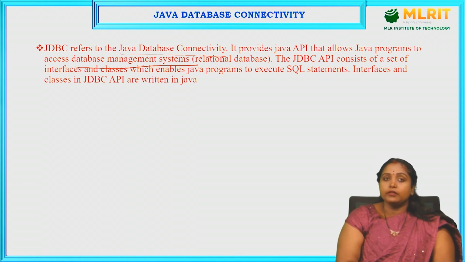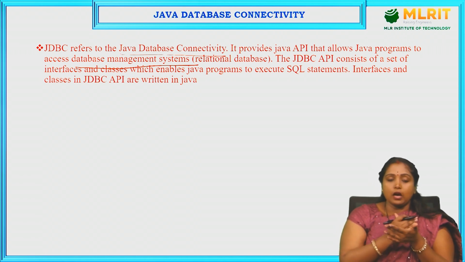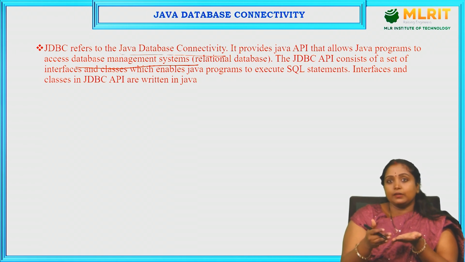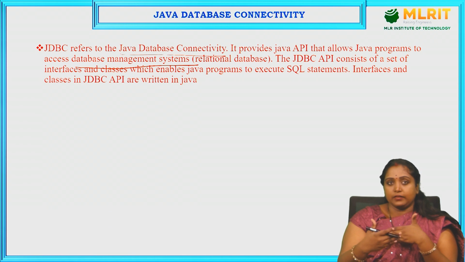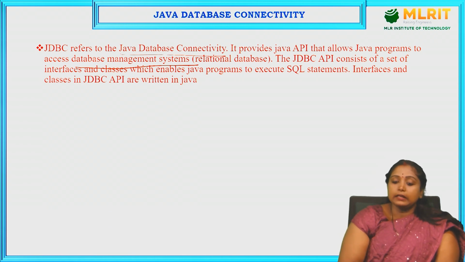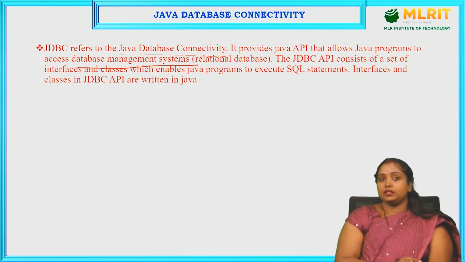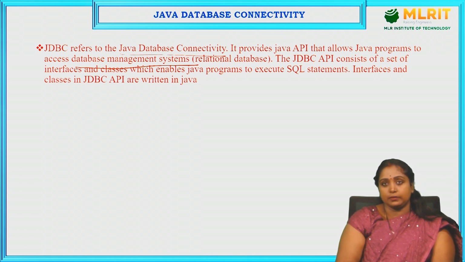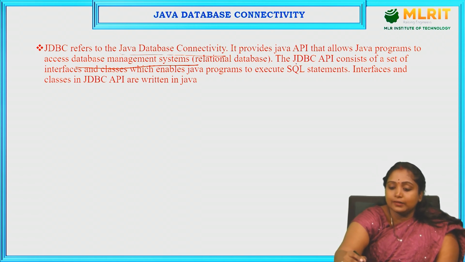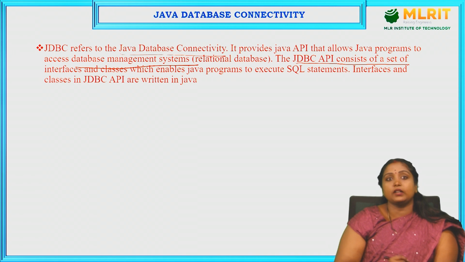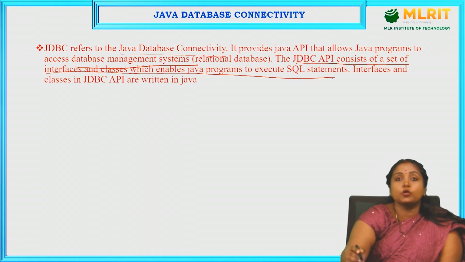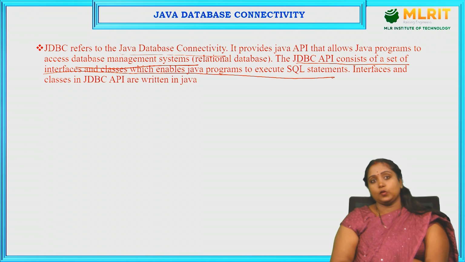And here we are going to see how Java will be connected with the database management system, front-end language to backend connectivity. And here we will write a Java program in order to access the relational database. The JDBC API consists of a set of interfaces and classes which enables a Java program to execute SQL statements.